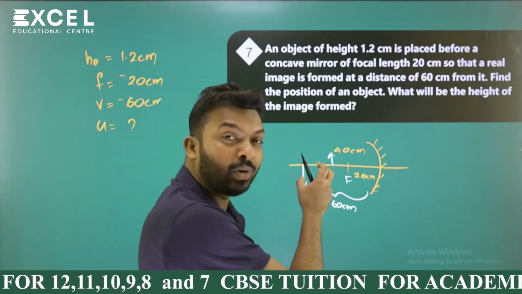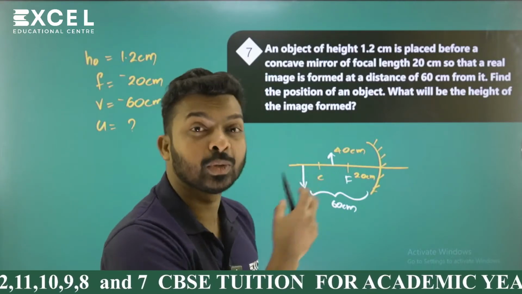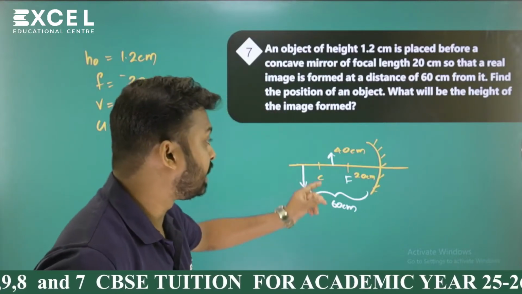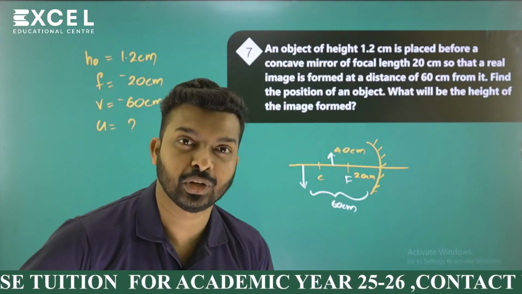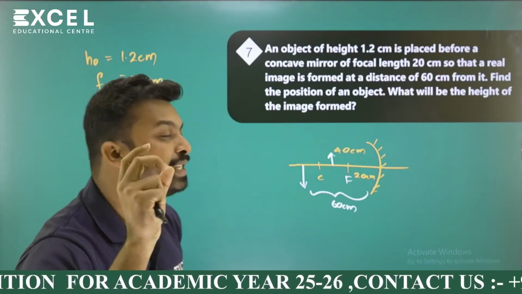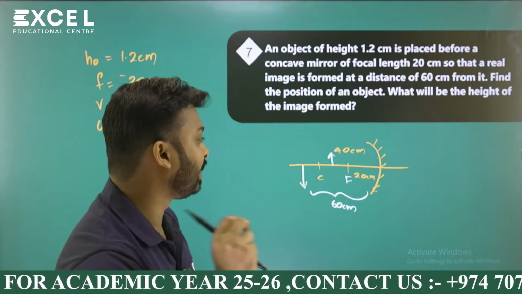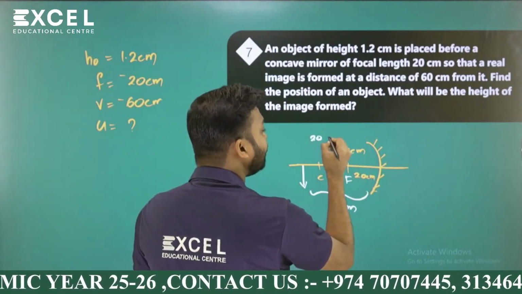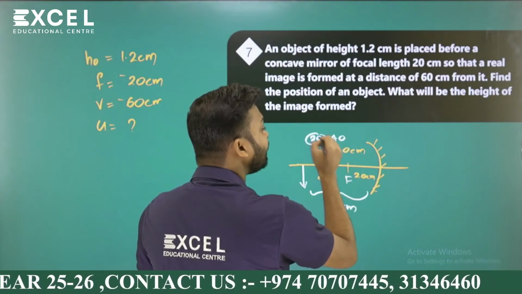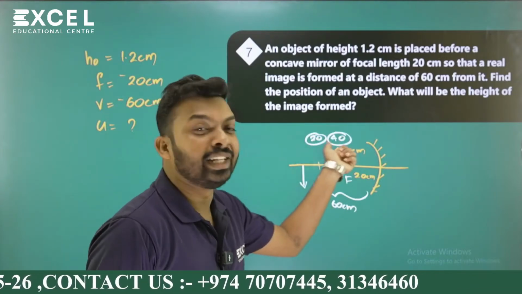So before we find the actual answer, I have a prediction that the object will be found between C and F. Also, the answer you get should be a value between 20 and 40.